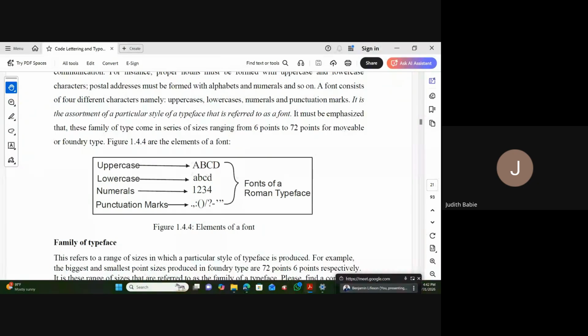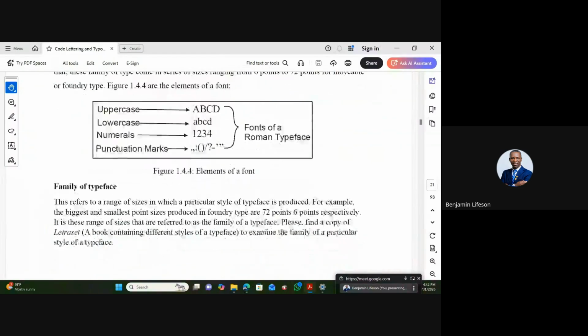All that we are saying is that the sizes of letters can range from 6 point to 72 point. The 6 point will give you the smallest; what you are reading right now is about that size. So it can go to 9, 10, and so on, and it can also rise up to 72. That is what it means.